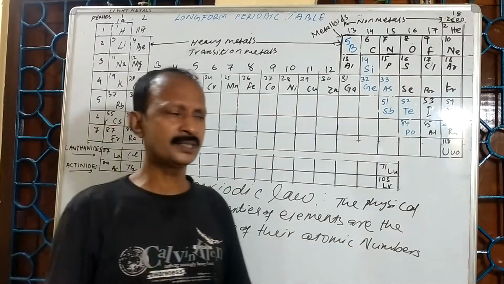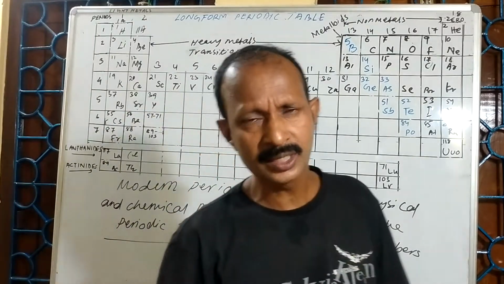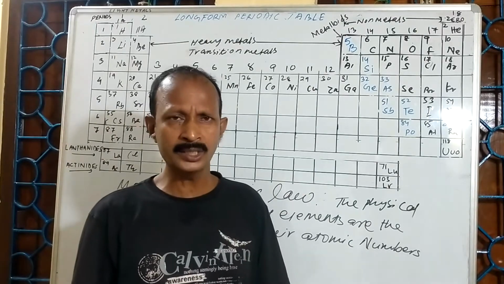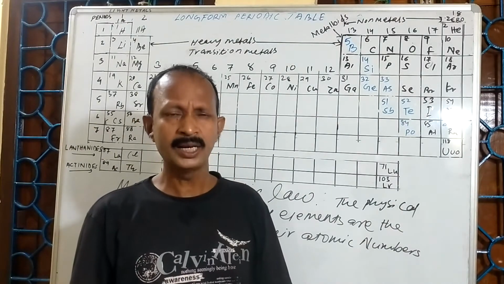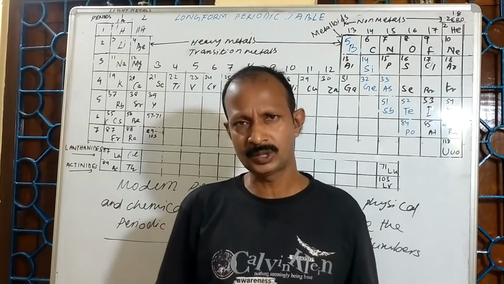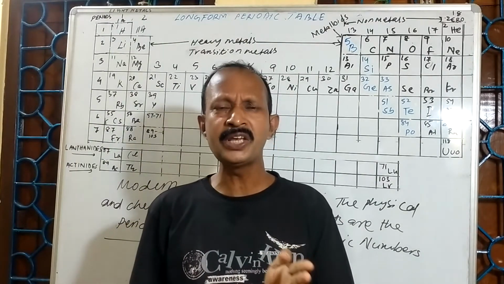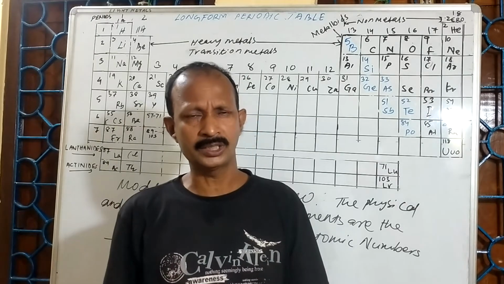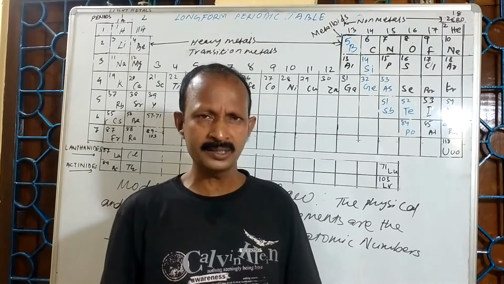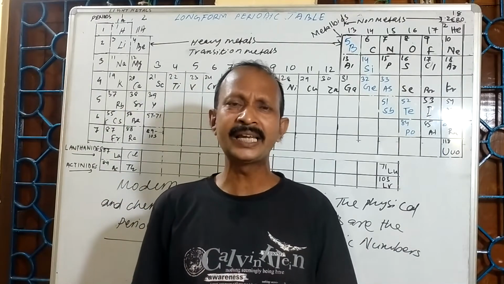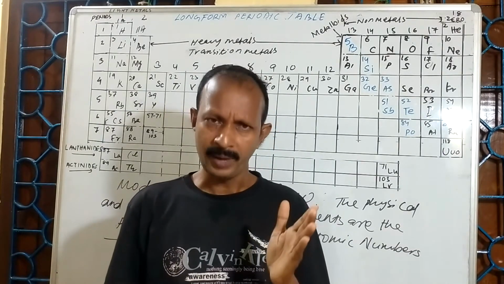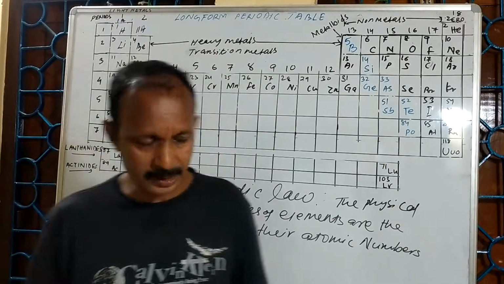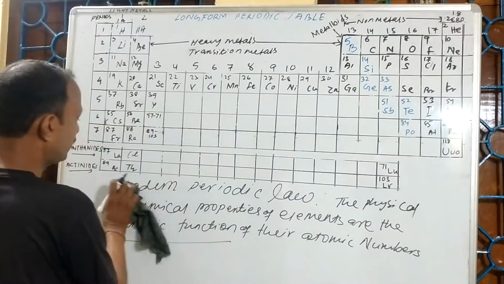So, if the elements in a periodic table are arranged according to the increasing order of their atomic numbers, their properties repeat after regular intervals. That is called periodicity, the repetition of the properties at regular intervals. Repeat means it may be either increase or decrease in their properties, but it should repeat after regular intervals. So, it is better we go through one example.